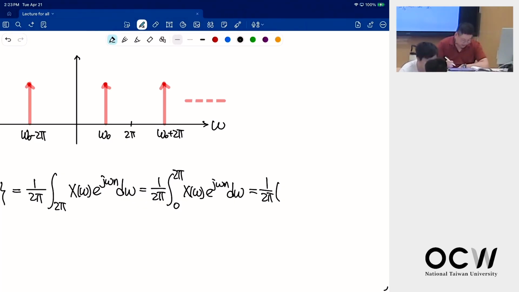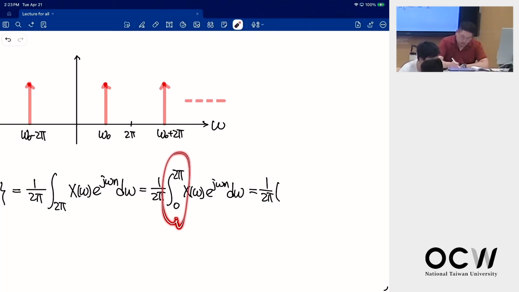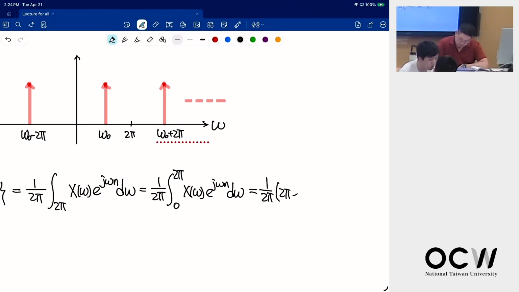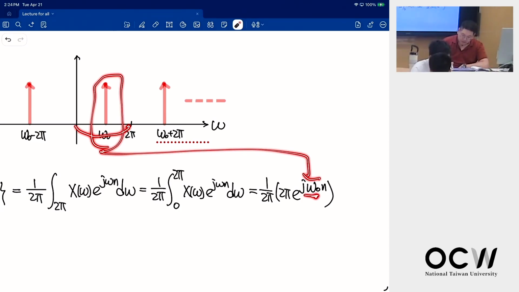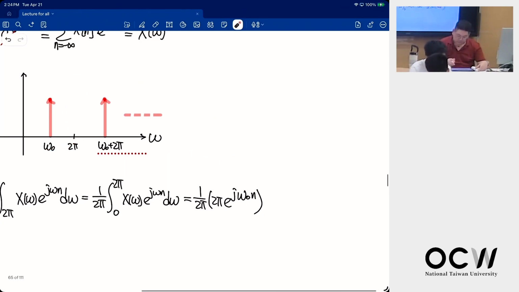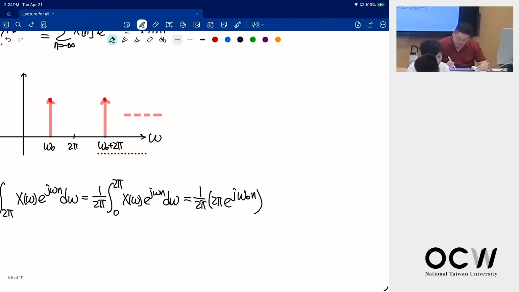And we integrate from 0 to 2 pi, so we get 2 pi e to the j omega naught n. From 0 to 2 pi, I only have values at omega naught. This gives you e to the j omega naught n.